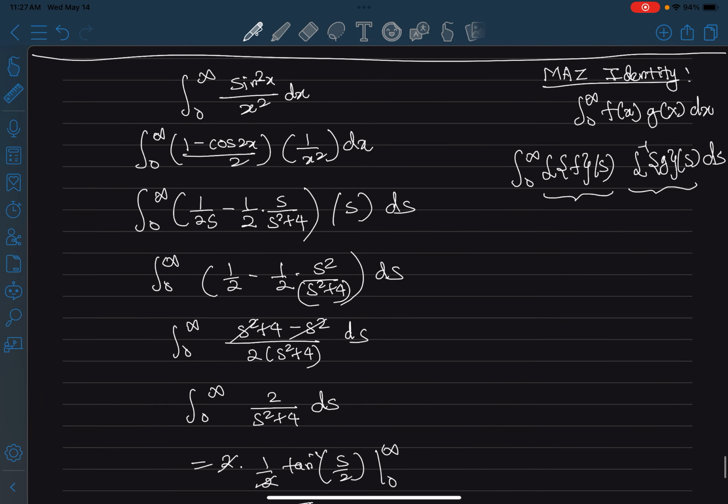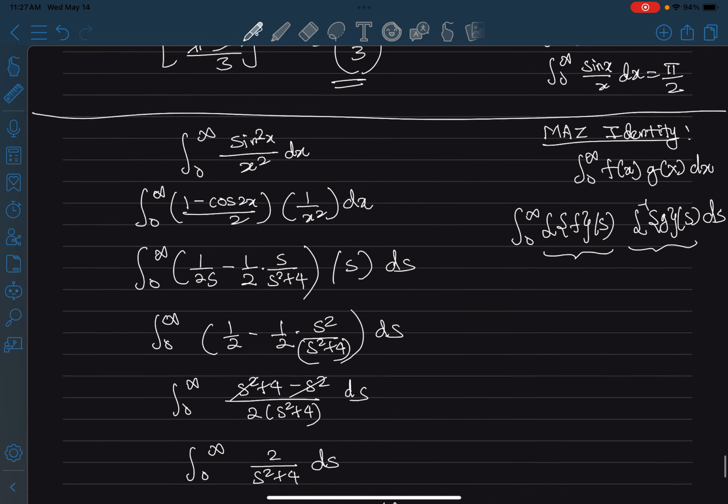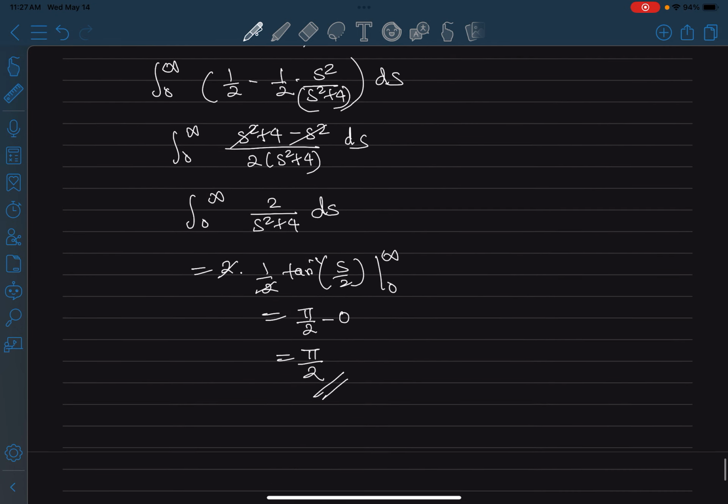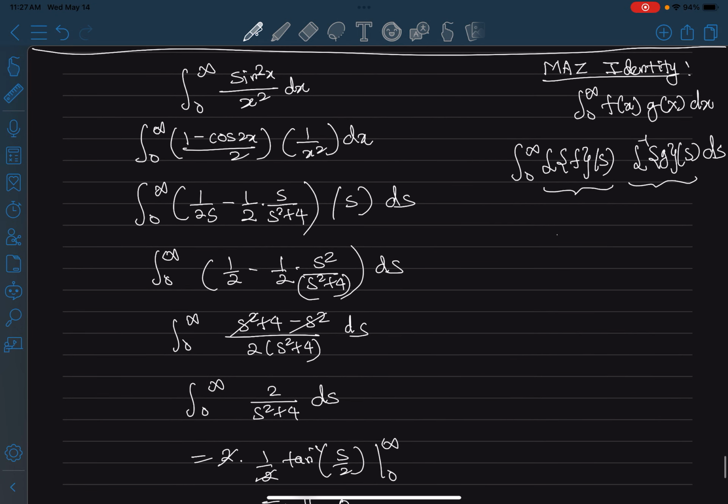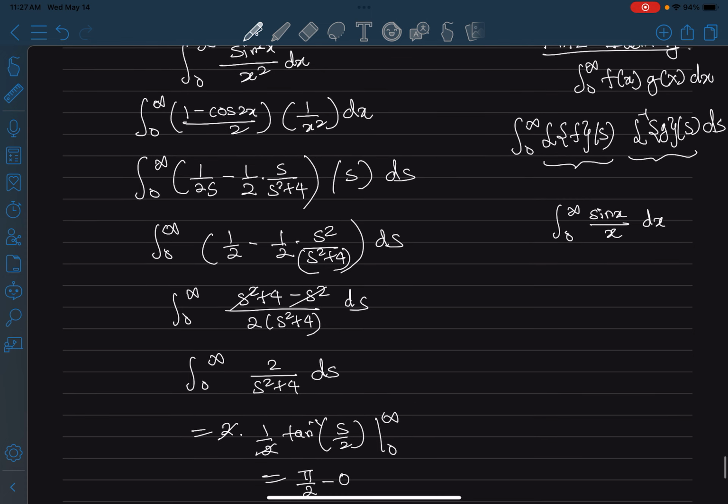After the first step, after using Mass identity, everything was just algebra, some high school things. Mass identity is actually so powerful. You can even prove the other one, like this one. On YouTube, people have lots of long videos proving this, but if you use Mass identity, it's just a one-liner. Because the Laplace transform of sin x is just 1 by 1 plus s square.